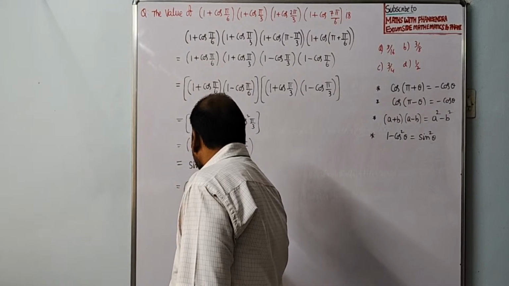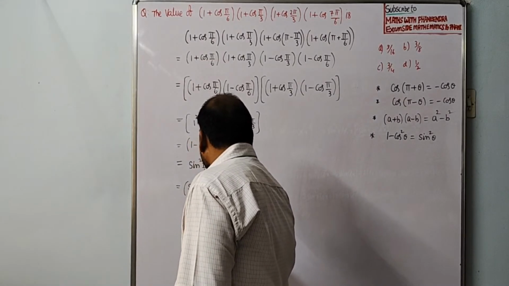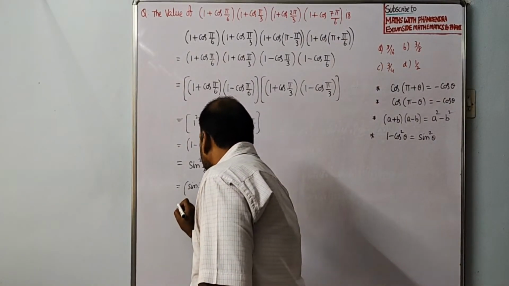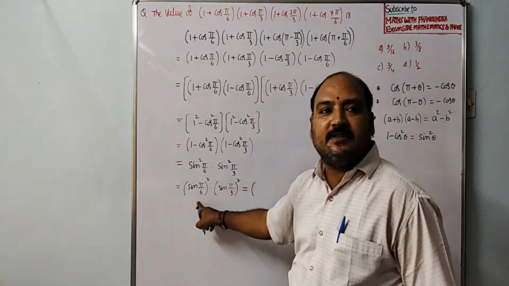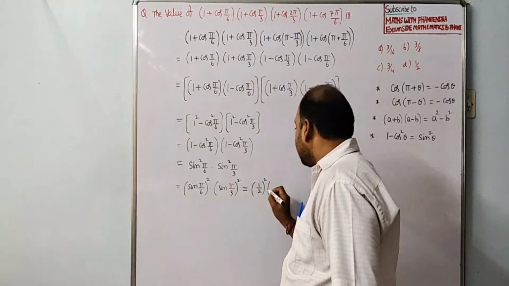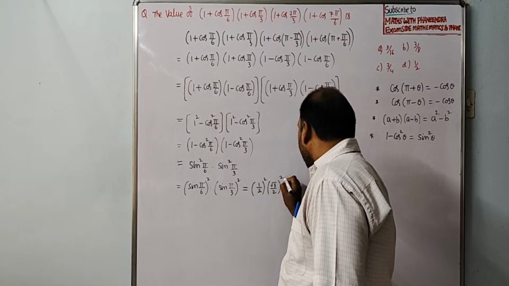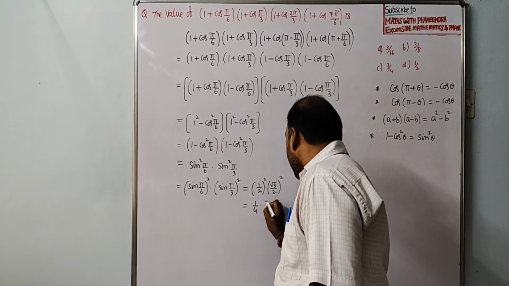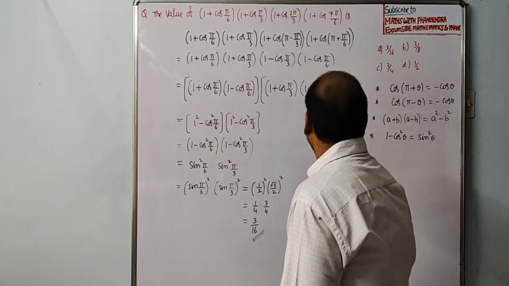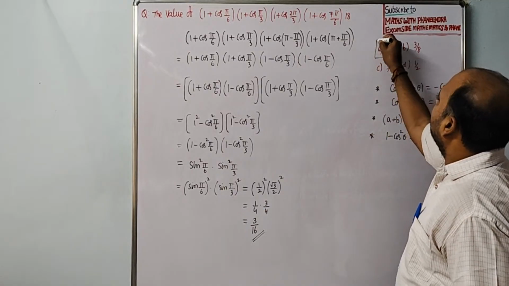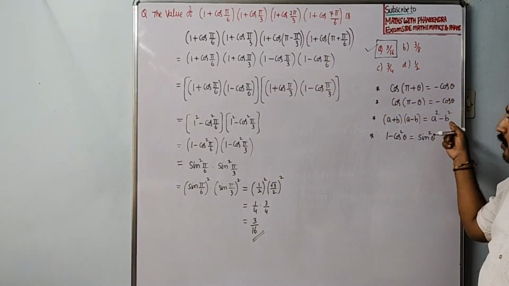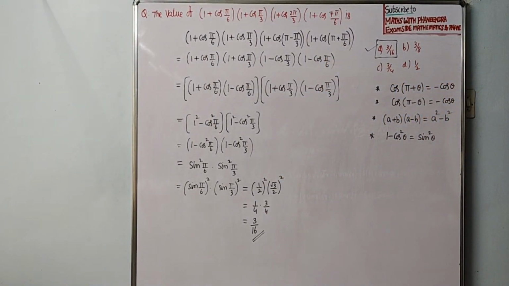Sin pi by 6 is sin 30, which is 1 by 2, whole square, and sin pi by 3 is sin 60, root 3 by 2, whole square, which is 1 by 4 into 3 by 4, equal to 3 by 16, our required answer. It is there in the first option, dear students. I hope you understand every step. I wrote what formula we applied here. Clear cut information is provided.